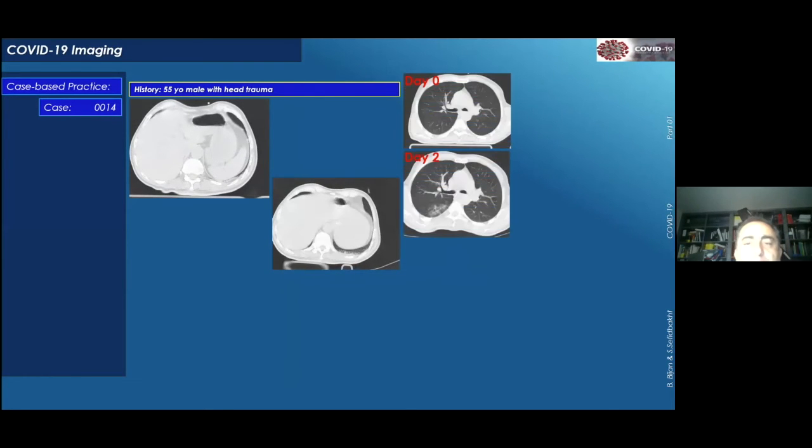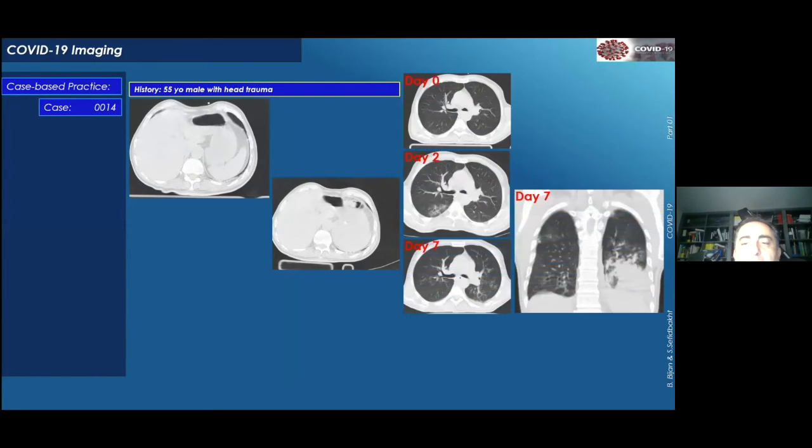When you have a history of trauma, you never know if what you're looking at is a pulmonary contusion or a COVID disease. Then you have to go back and check the history of the patient, exactly where the trauma came, which part of the body is more involved, and looking at the mechanism of trauma, whether the lesion you're looking at can be related to the patient's recent trauma.